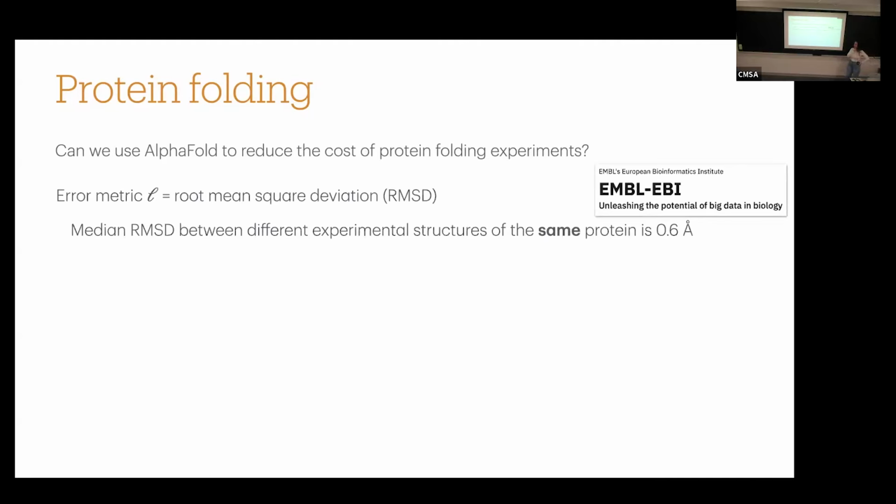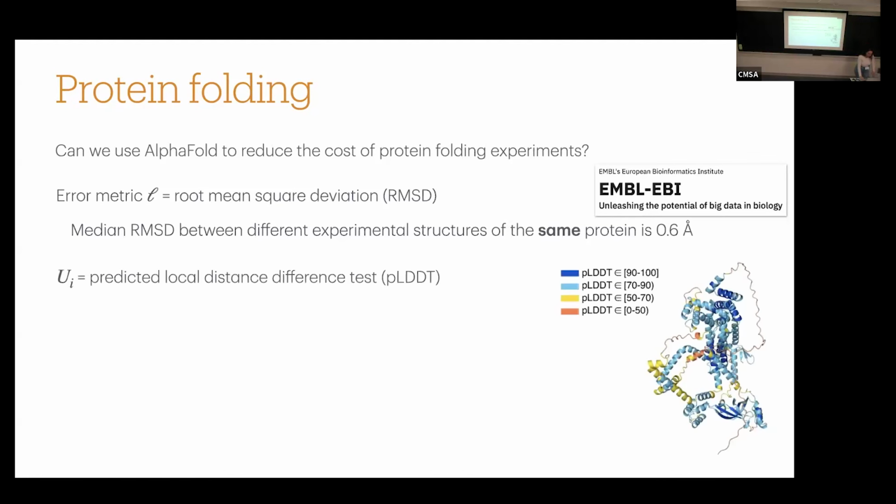And it's worth keeping in mind that the median RMSD between different experimental structures of the same protein, so even if I rerun the same experiment for the same protein, I'm going to get an RMSD of around 0.6 angstrom. So there is some kind of lower bound that we can't go beyond. For the uncertainties, luckily, AlphaFold has these local measures of confidence that are called predicted local distance difference tests, or pLDDT.